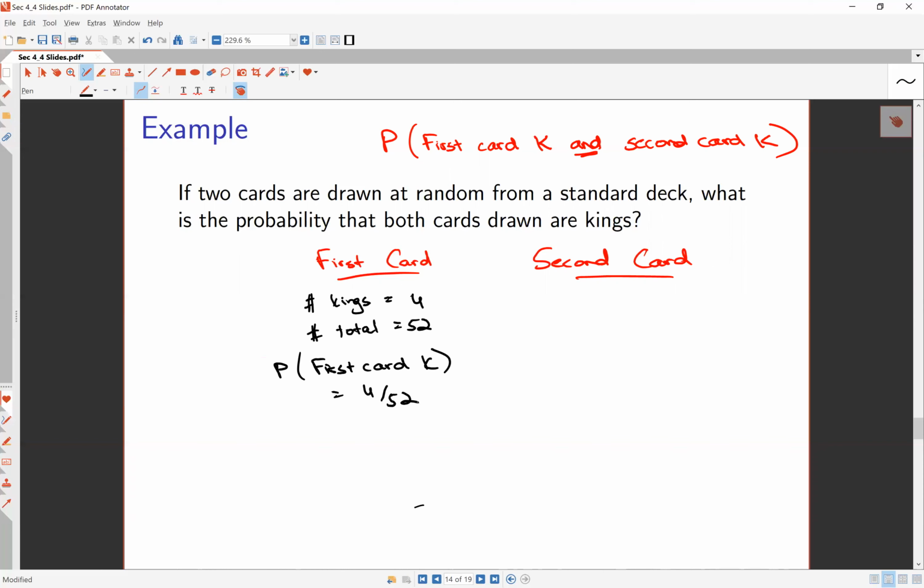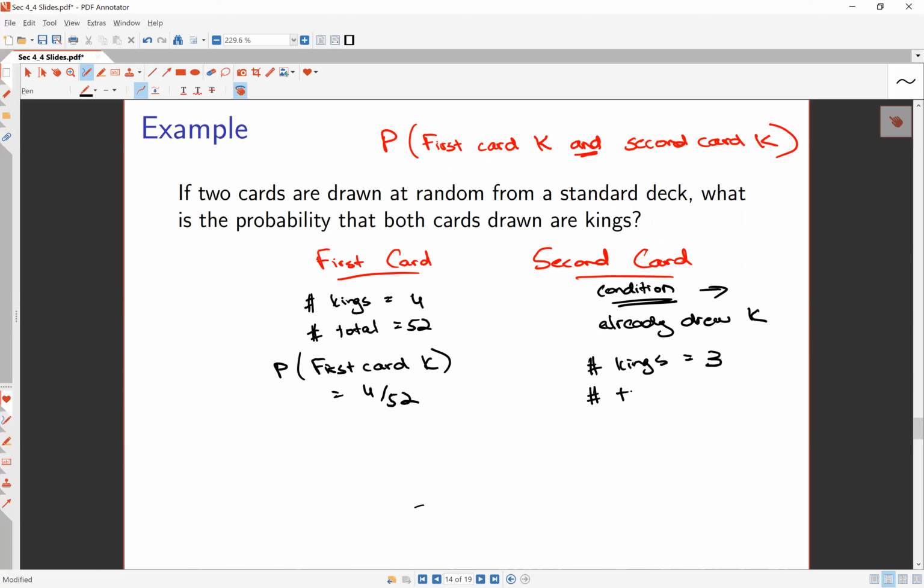Now I'm going to my second card, and now I want to condition. And what am I conditioning on? What happened on the first draw? I already drew a king. So on my second draw, how many kings are available for me to draw from? Only 3.